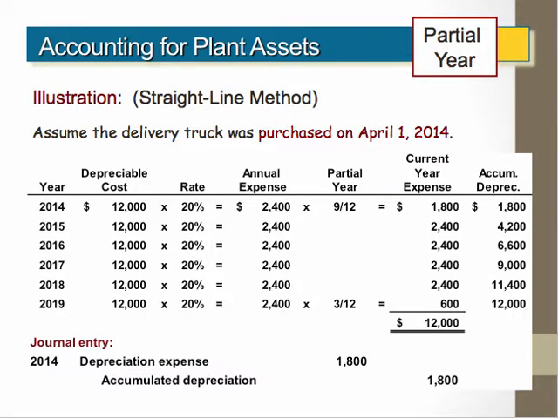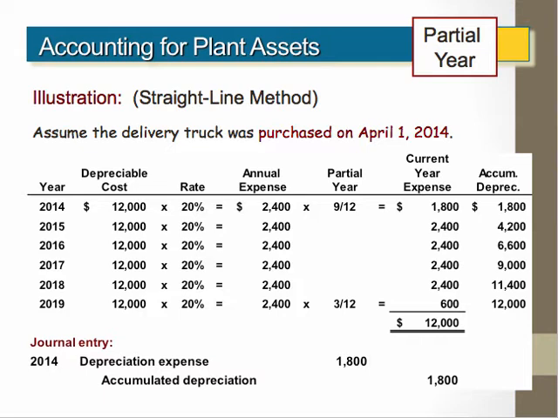So now, as we said, we can only take depreciation for the part of the year we actually own the asset. So even though we're taking a 20% rate times the depreciable cost, if the asset was purchased on April 1st, we have only owned the asset for 9 months, not 12. So when we figure out the $2,400 of annual depreciation expense, we can only take 9/12 of the depreciation, or $1,800.